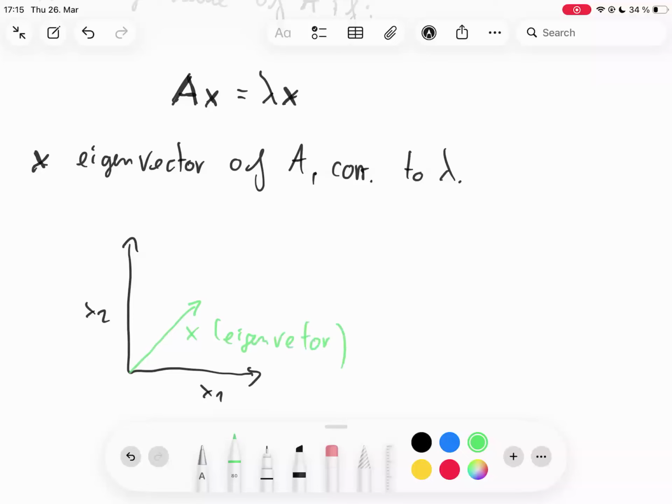What happens to the eigenvector if I multiply it with its corresponding matrix? Anyone remembers this? If so, thumbs up or thumbs down.